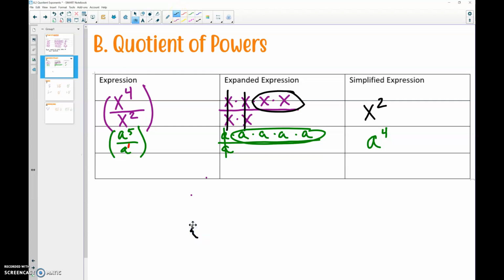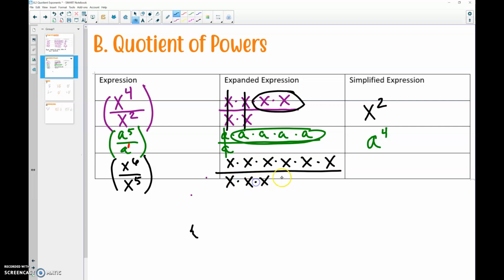We'll work with x's again. We'll do x to the 6th over x to the 5th. So expanded, you've got 6 on top and 5 in the bottom.